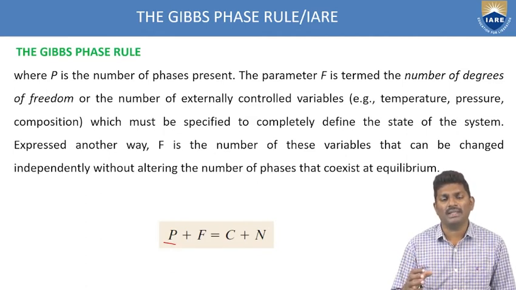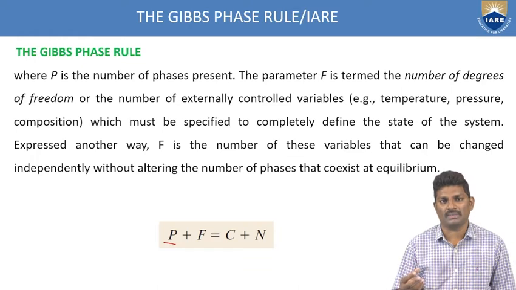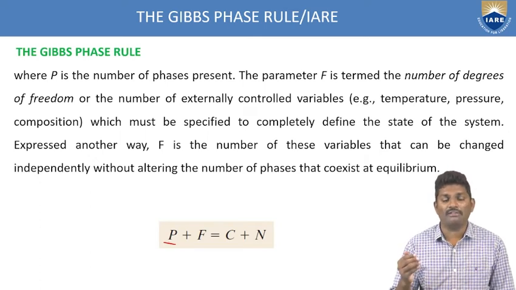Once you know the number of phases present in the given phase diagram, it is very easy for us to calculate the composition of any point at a particular temperature, whether it is in the liquid state, the solid state, or a combination of both liquid and solid states. This helps us to identify the number of phases, whether it is a single phase or a double phase. So the P represents the number of phases present in the phase diagram.